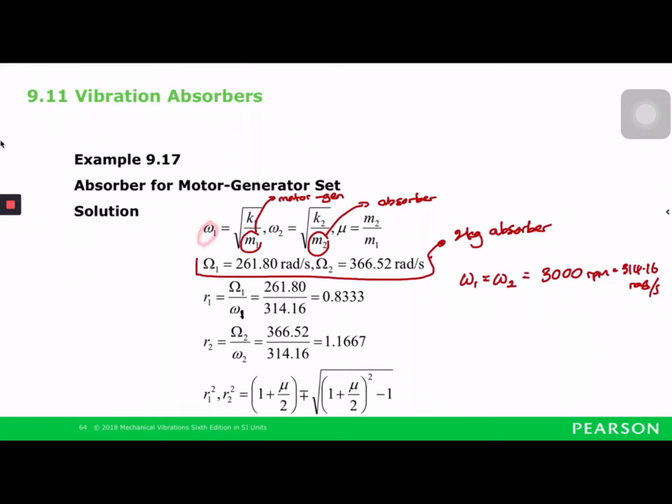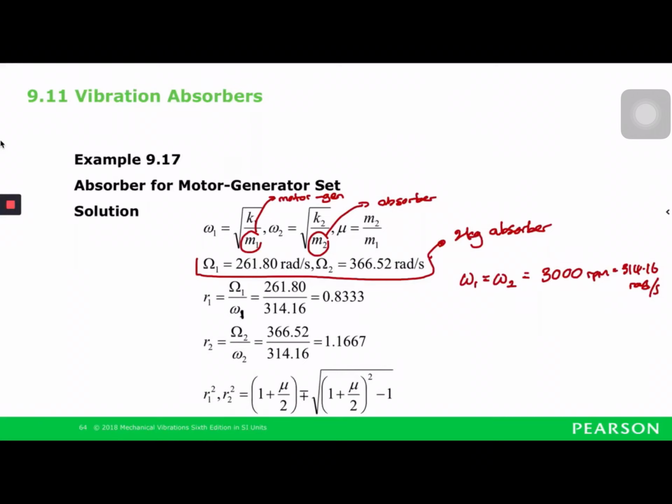Now the operating frequency before the absorber is attached is 3000 rpm, and when the absorber is attached, it is also tuned to 3000 rpm. So our omega 1 and omega 2 are the same, which is 314.16 radian per second. Okay, so we can put that into the equation of R1 and R2, which is capital omega 1 over omega 1 and capital omega 2 over omega 2.